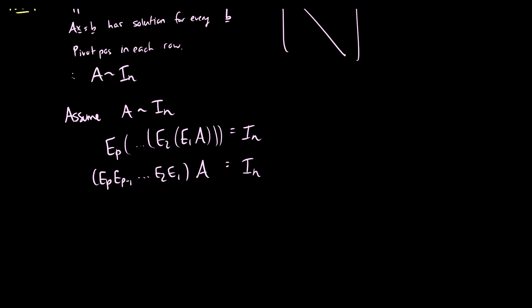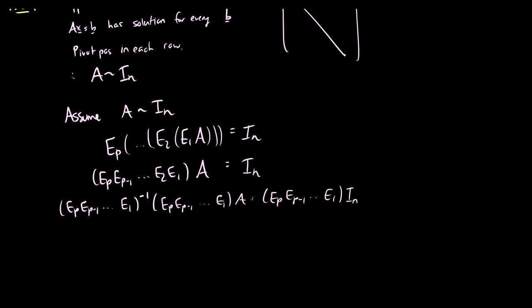Well, we learned that all of our elementary matrices are invertible, which means we can multiply both sides by E_P inverse, all the way to E1 inverse. This just equals E_P inverse, all the way down to E1 inverse times the identity matrix.